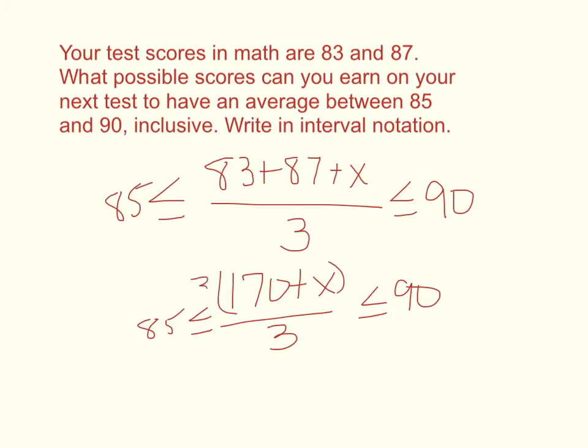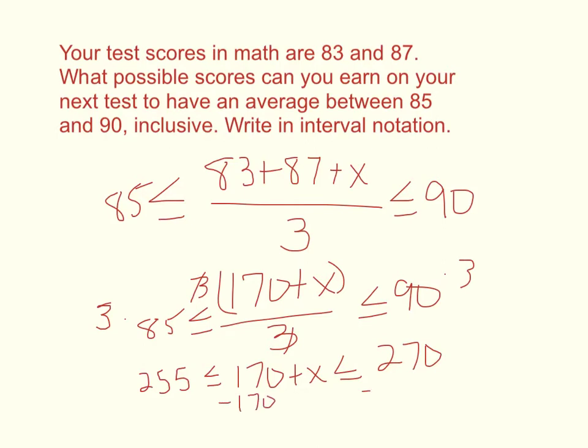Here, it cancels, so you end up with 170 plus x. 90 times 3 is 270, and then 85 times 3 is 255. Now I have to subtract 170.